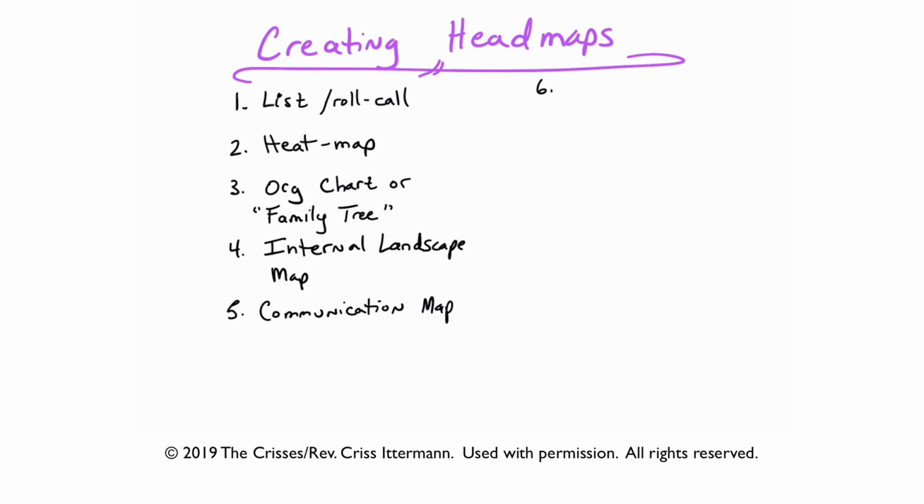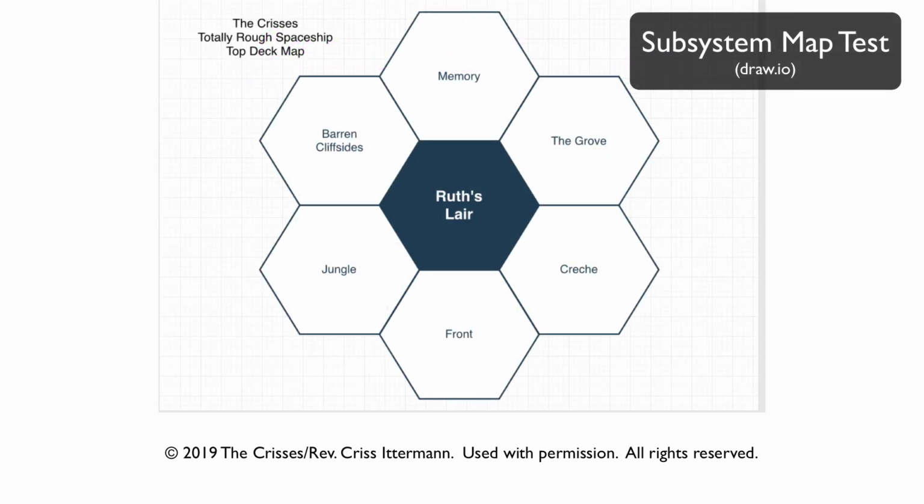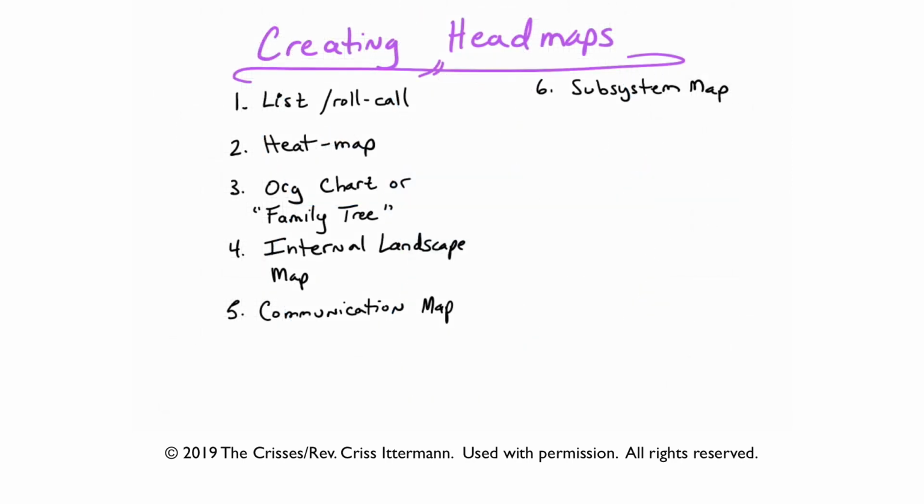Now, for polyfragmented systems, you can have an overall topography showing the subsystems themselves and the connections between them. It can be like a circle in the middle, this is front, and then like a hub and spoke model, where out of front you have subsystem A, subsystem B, and then all the connections between the subsystems themselves, rather than the people, but the actual subsystems.